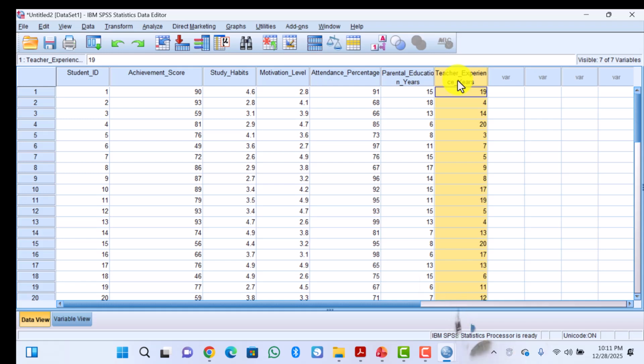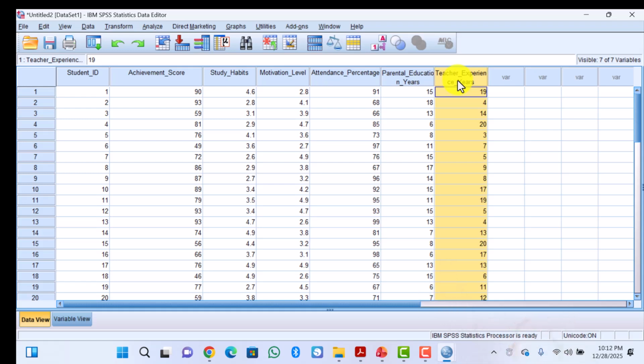So in this multiple regression analysis, the dependent variable, which will stand for our y, is the achievement score of students, and the predictors that we are looking at are their study habits, motivational level, attendance, parental education, and teachers' years of experience.